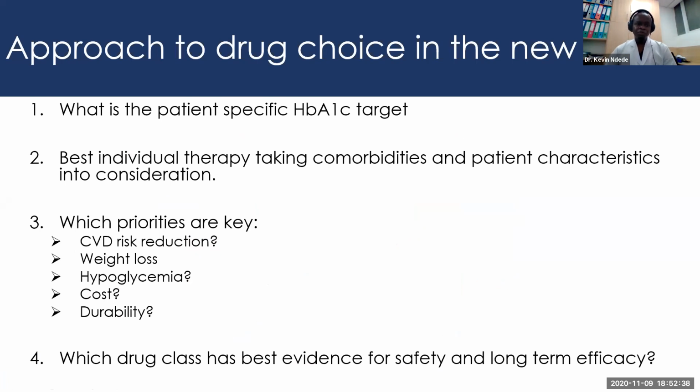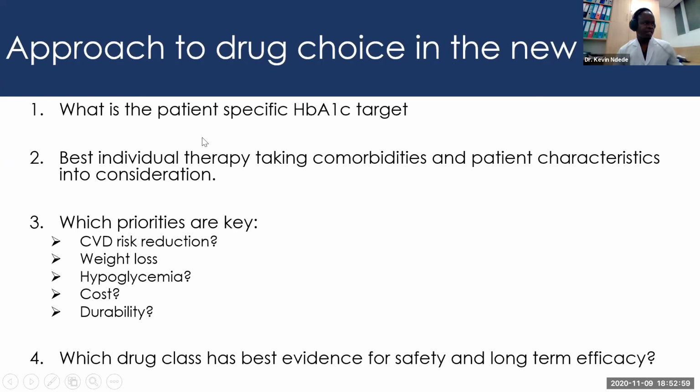So now as we move towards the end of the presentation, we have to look at treatment in these patients with type 2 diabetes. And now the approach to the drug choice in the new era, you need to consider these 4 factors.